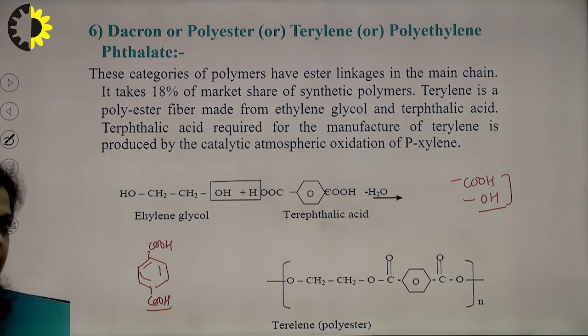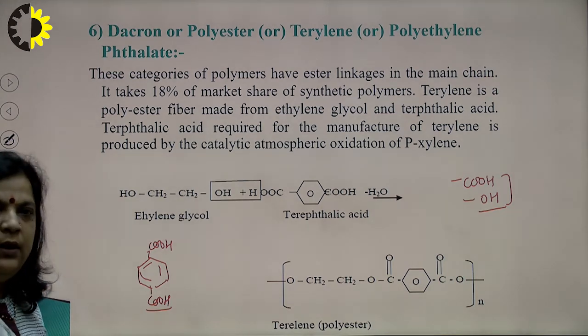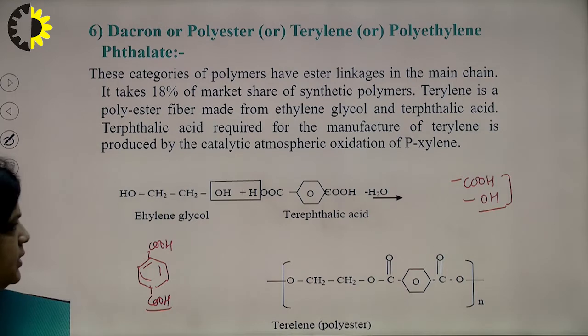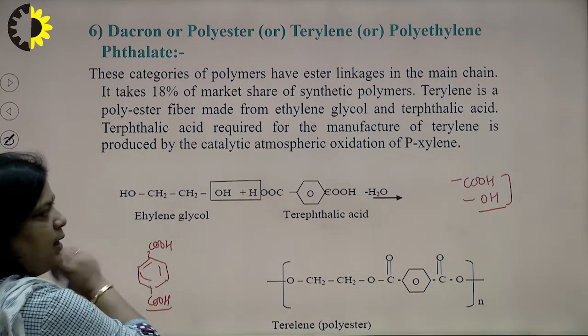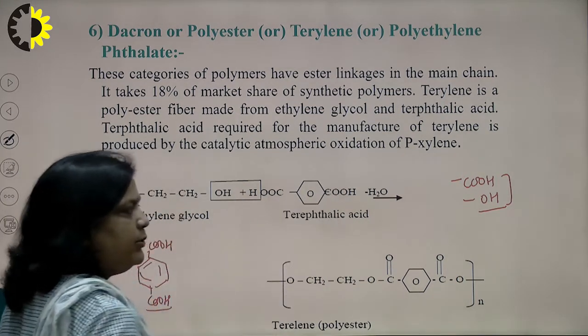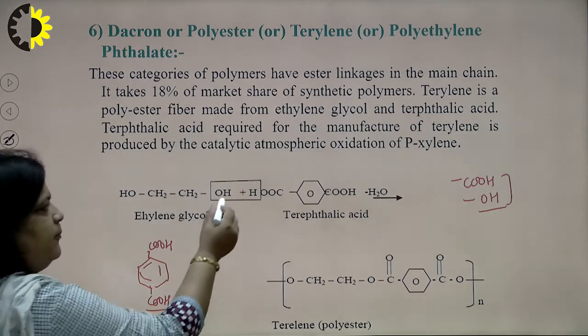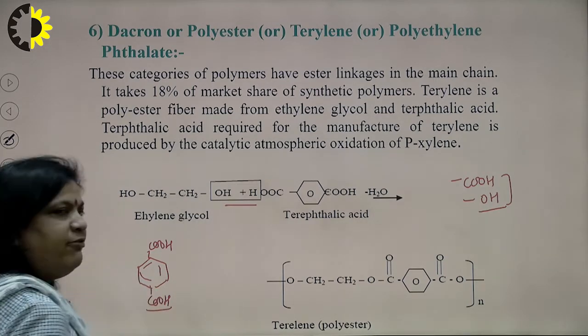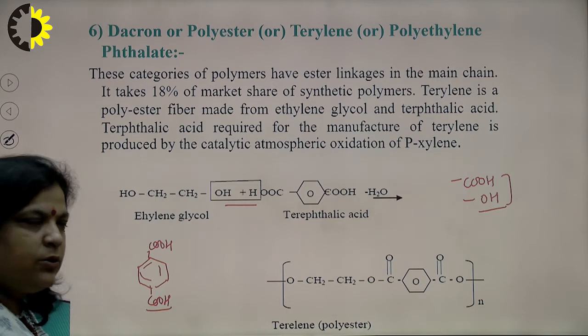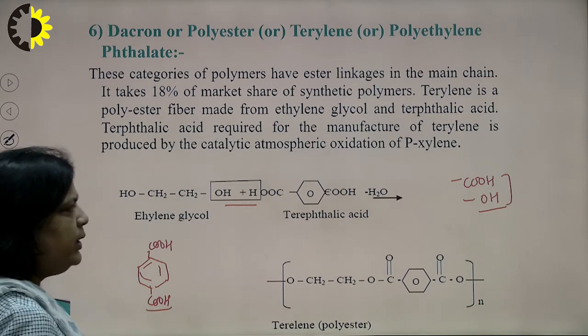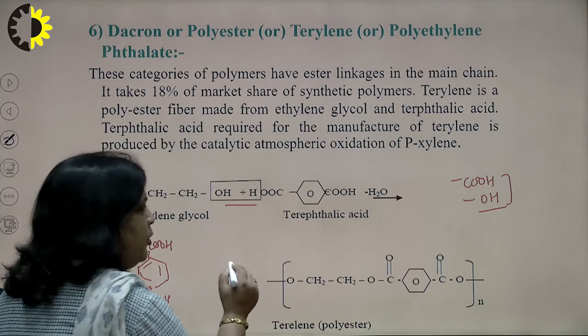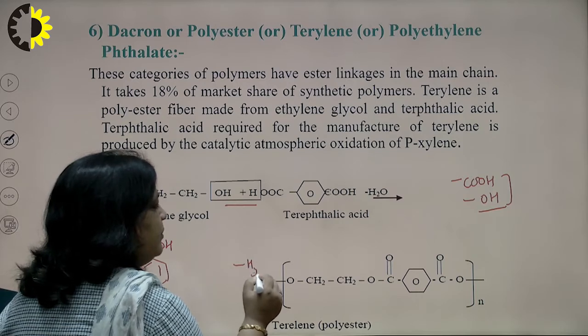And it is clear that to act as a monomer, it should be at least bifunctional. So, 2 OH are required and similarly 2 COOH are required. Since the functional groups are there, condensation polymerization will take place, and condensation polymerization means something gets liberated.